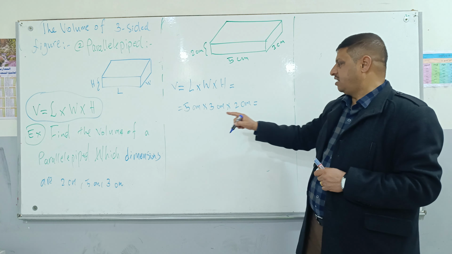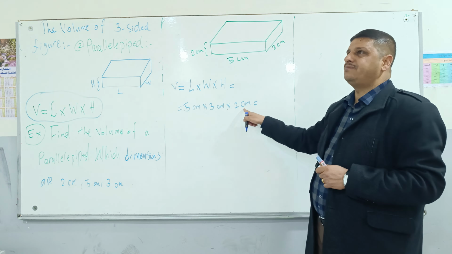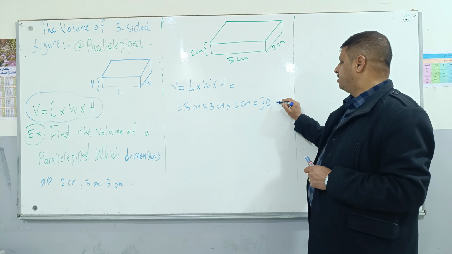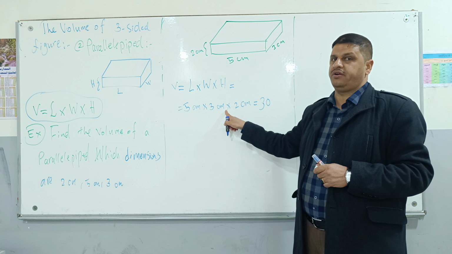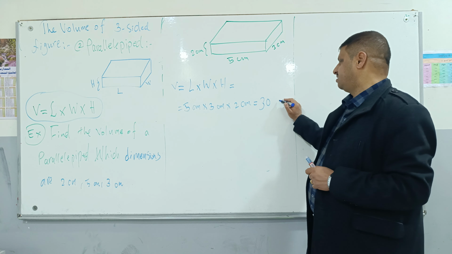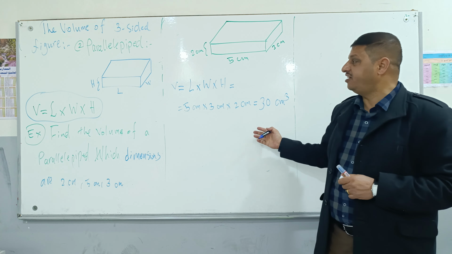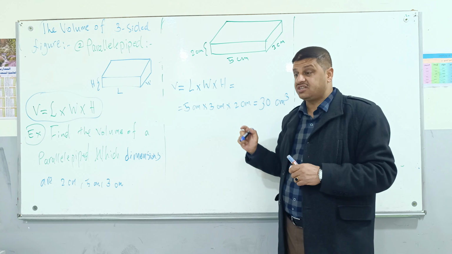Now I will multiply 5 times 3, 15, 15 times 2, 30. Centimeter times centimeter times centimeter, centimeter cubed. Okay, here is the final volume of this shape.